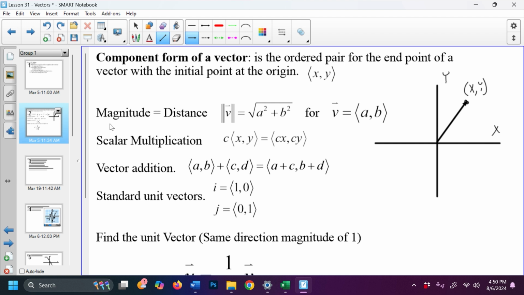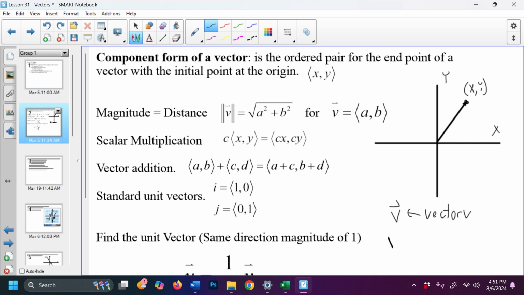The magnitude of the vector is just the length of the vector, or the distance from the origin to the endpoint, and that is denoted with the double bars. Also, a vector is denoted with a little half arrow, and sometimes it's denoted with bold. It's very hard to see, and I understand that. But if you see something like this with that half arrow, that is a vector v.